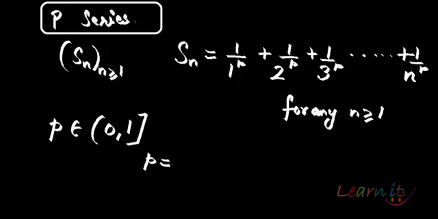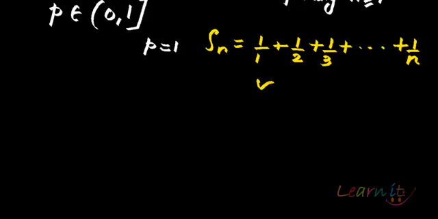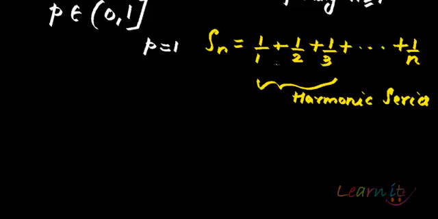So Sn will essentially equal 1 upon 1 plus 1 upon 2 plus 1 upon 3, so on and so forth till 1 upon n, which is the harmonic series. And I have proved time and again that the harmonic series diverges. The harmonic series is not convergent. I have proved that before. So let's see what happens between 0 and 1.